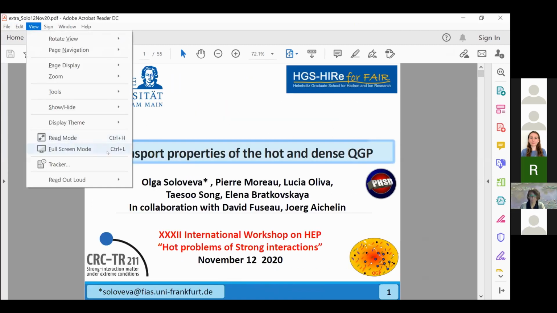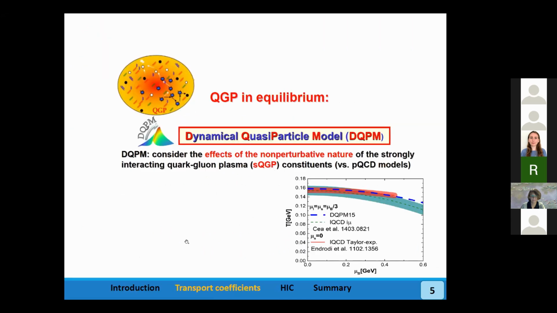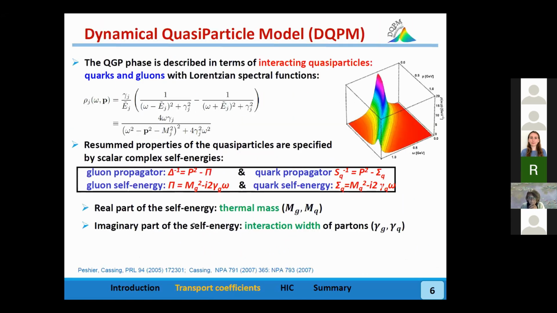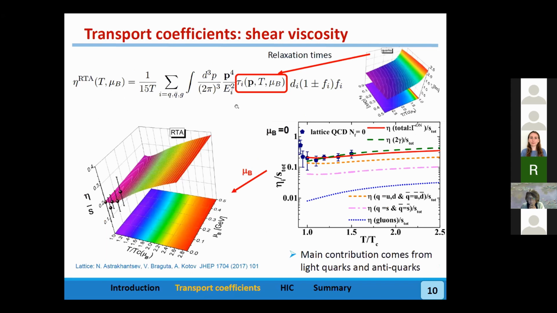Just a brief recap for Oleg: here I showed the dynamical quasi-particle model results in the RTA approximation of the Boltzmann equation.